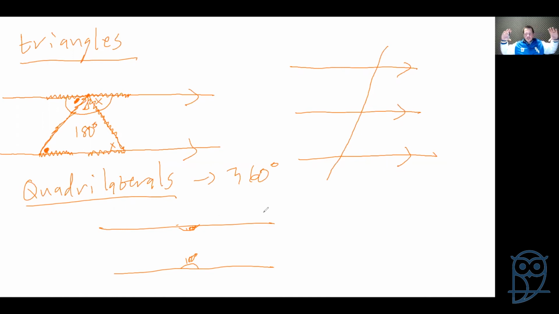But if you just squeeze them a hair inwards, eventually at the end they're going to touch, which means that you're going to have a shape that kind of looks like this. And this is a quadrilateral, and I know that a quadrilateral has four sides because quad means four and lateral means side.